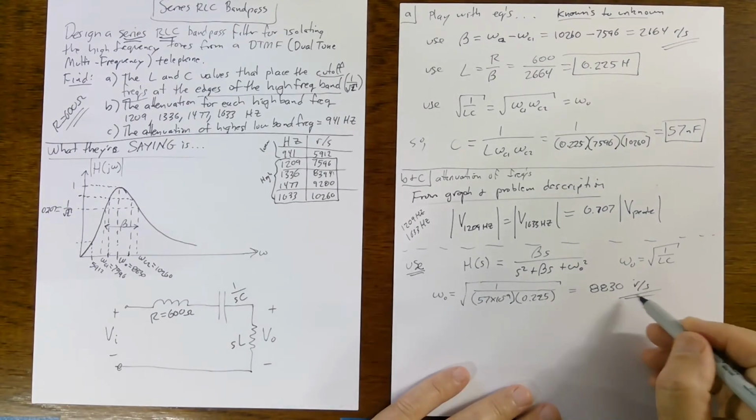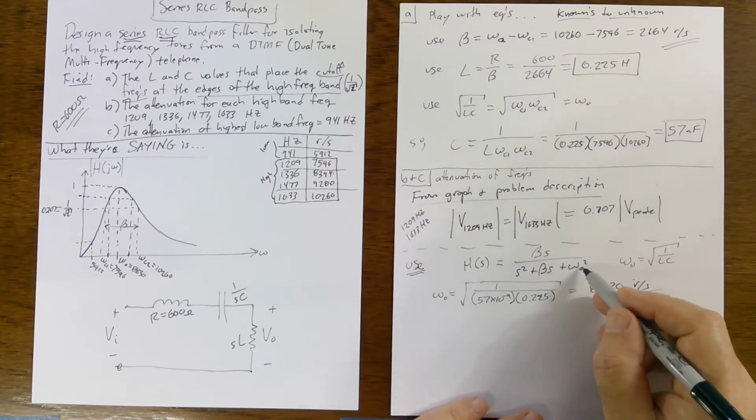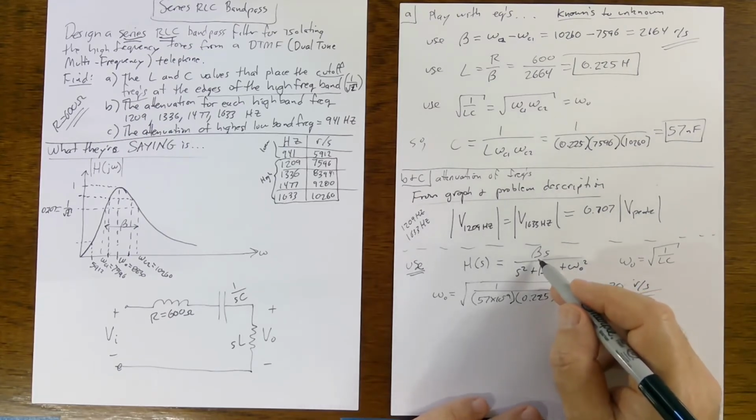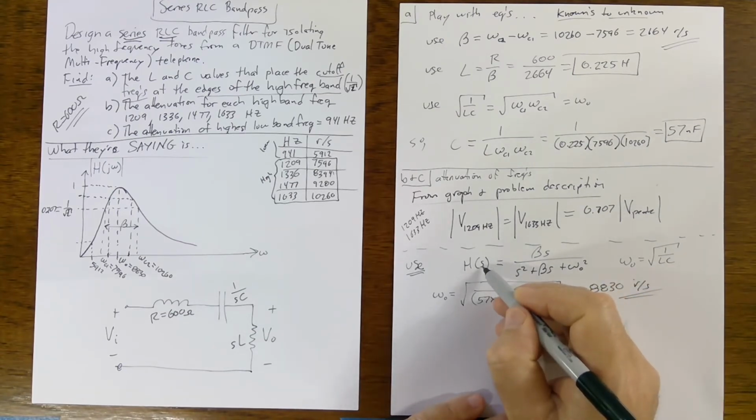So we can plug this value into omega 0 in the transfer function, and we know beta as well. So we can cook this a little bit better, and then we can plug in j omega for s.